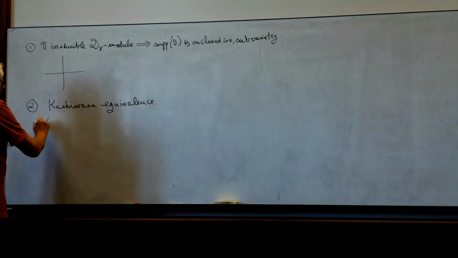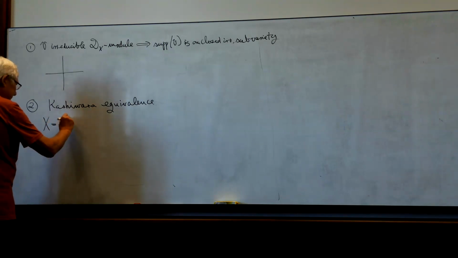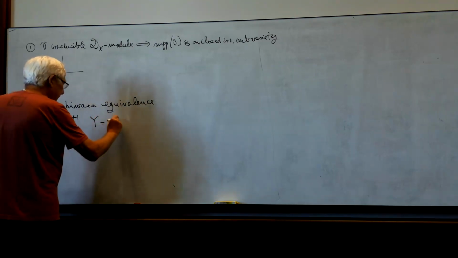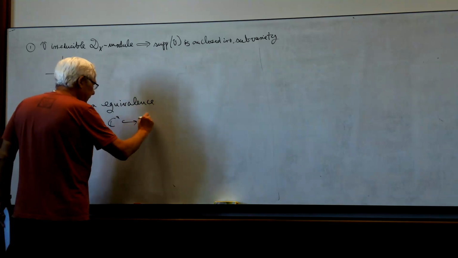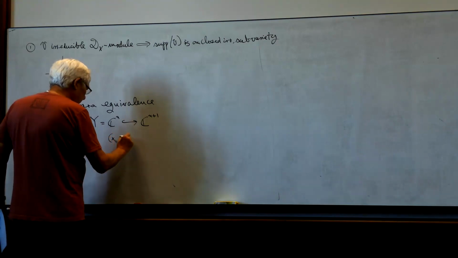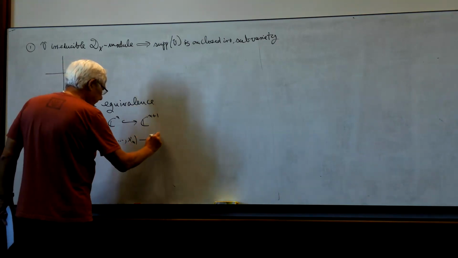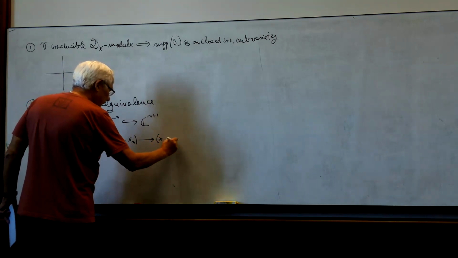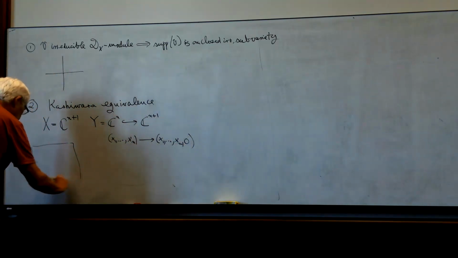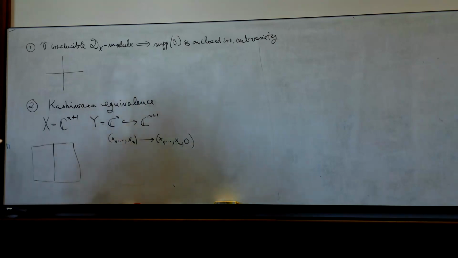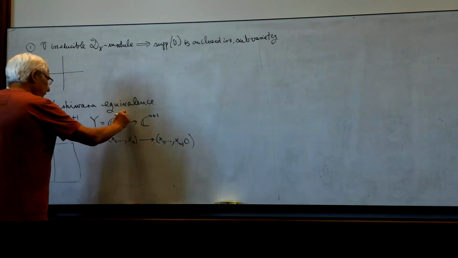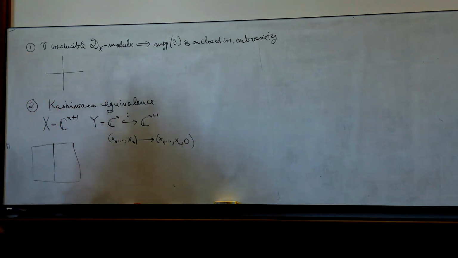So I'll consider the case that X is C^(n+1) and Y is C^n embedded in C^(n+1) in such a way that (x1, ..., xn) goes to (x1, ..., xn, 0). And then let's call i this inclusion of Y to X.